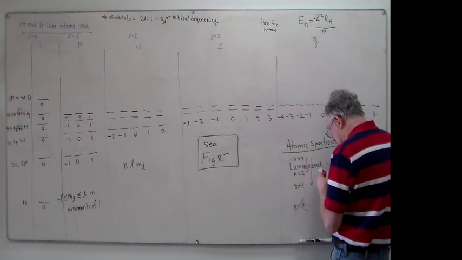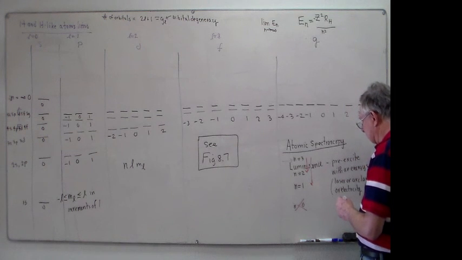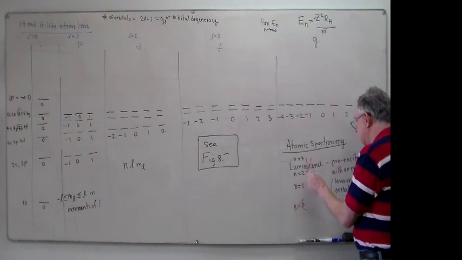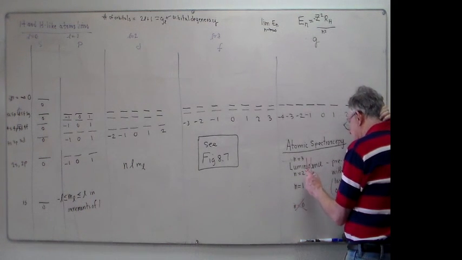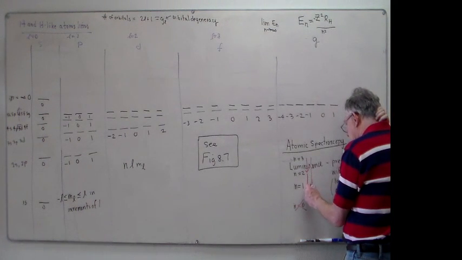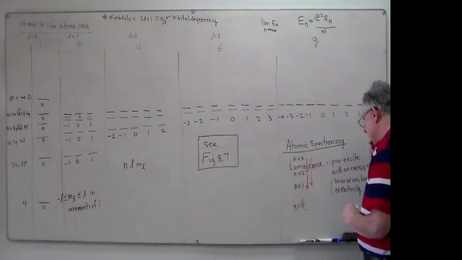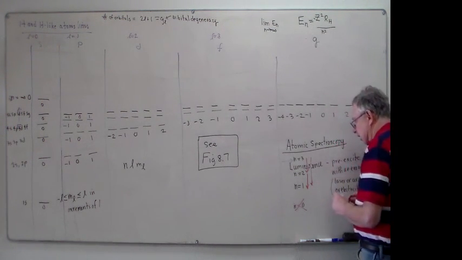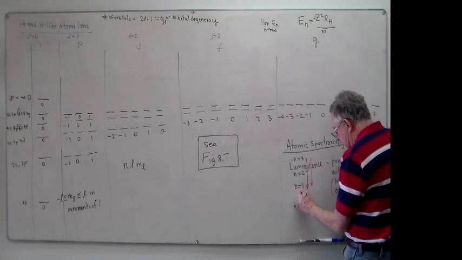Now, it turns out that, let's see, 3 to 2, 3 to 1, and we could have 2 to 1, right? What is that representing?